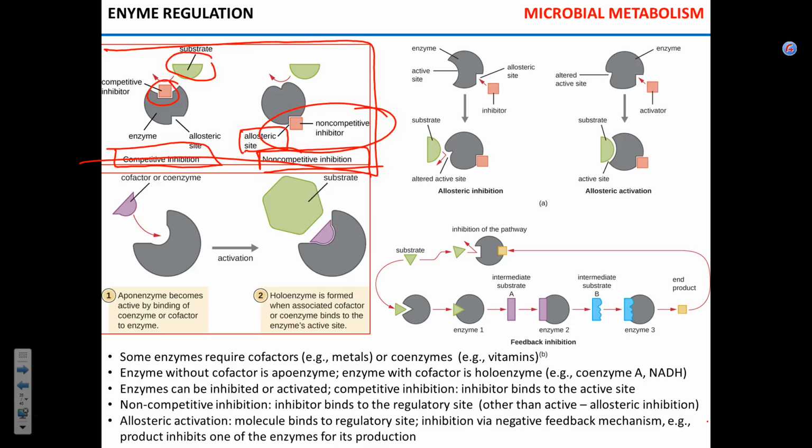So as you can imagine, even small or modest amounts of the non-competitive inhibitor may completely shut down the enzymatic activity no matter how much substrate you add, because substrate does not remove the inhibitor from the inhibitory site.